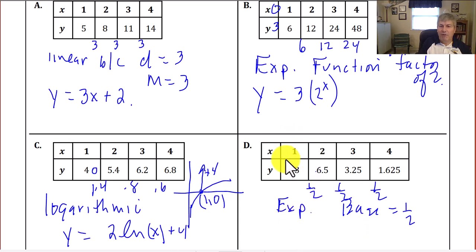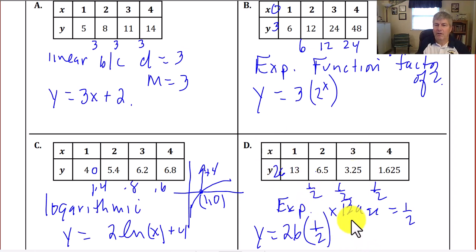Our function would be 1/2 to the x. When x is 1, we need 1/2 of something to get to 13, so we need our b value to be 26. So when x is 0, we get 26. So sure enough, the previous number would be 26. And that looks like that one's going to work as well.